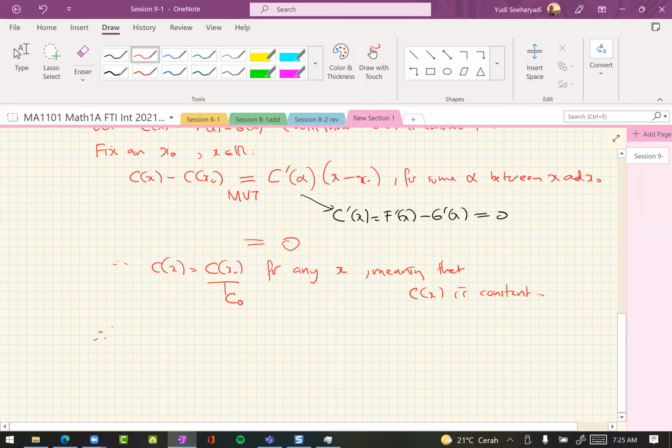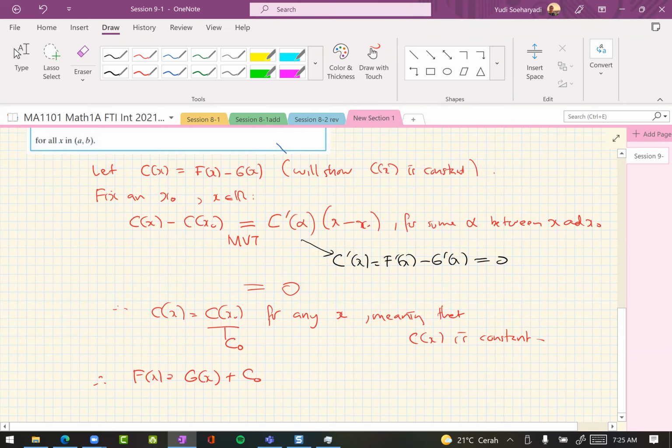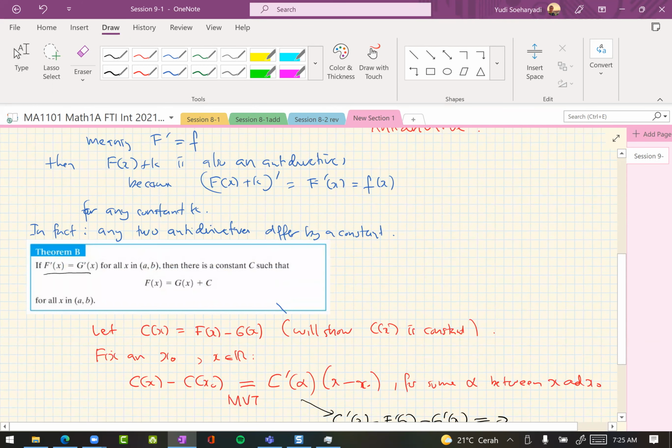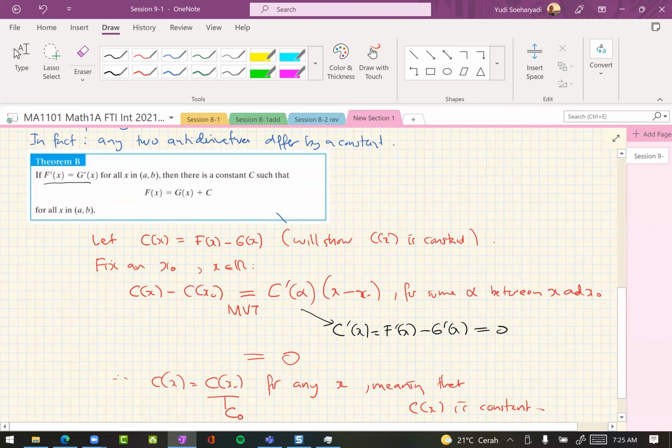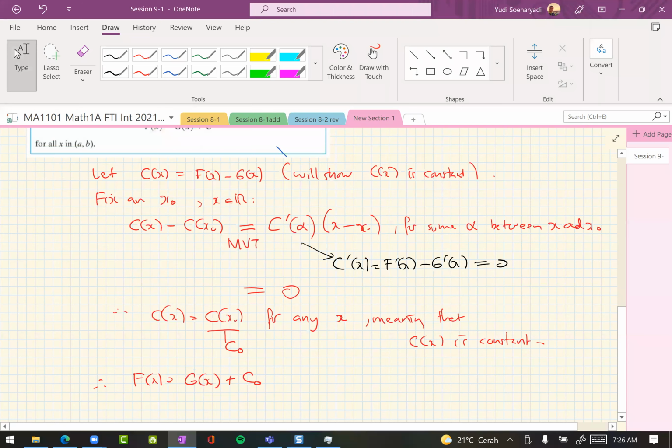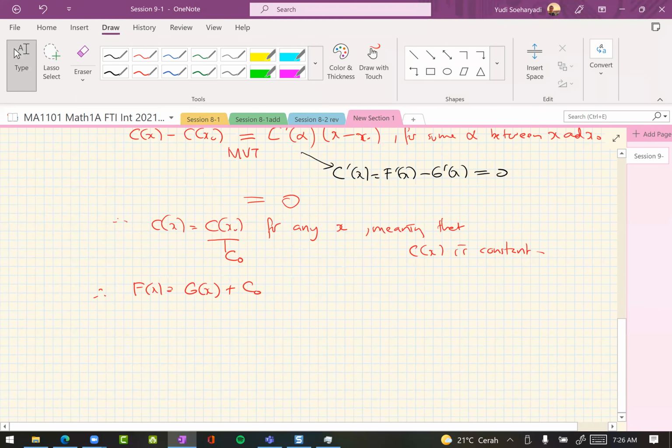So that means f of x is actually g of x plus that constant. So if you have antiderivatives f and g, then the difference of two antiderivatives is a constant.